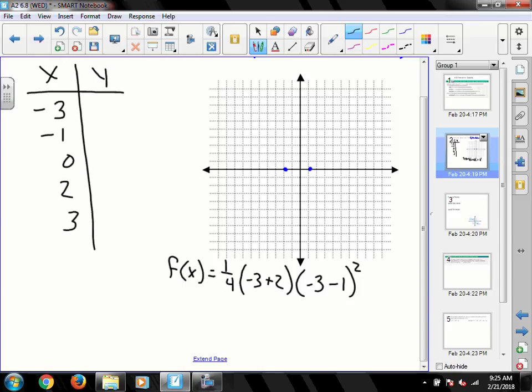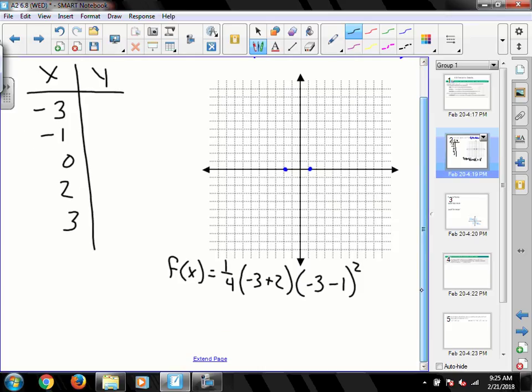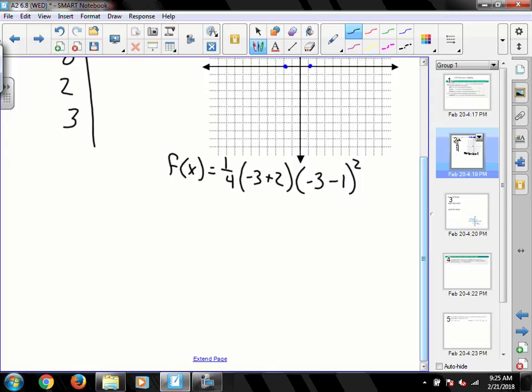I just plugged into the formula at the top here, and it's just going to multiply at the end. So you're going to get 1/4 times -3 plus 2 is -1, and -3 minus 1 is -4, squared.